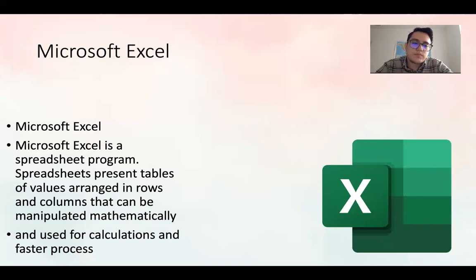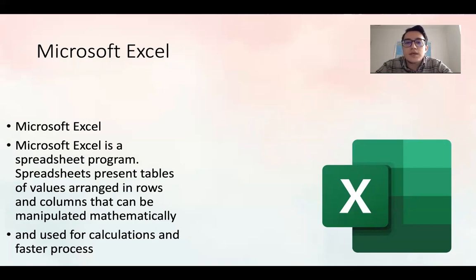A spreadsheet presents tables of values arranged in rows and columns, as I said, that can be manipulated mathematically. So it can be edited, and the size of the columns and rows can be changed into different sizes and heights. It can also be used for calculations and faster processing.